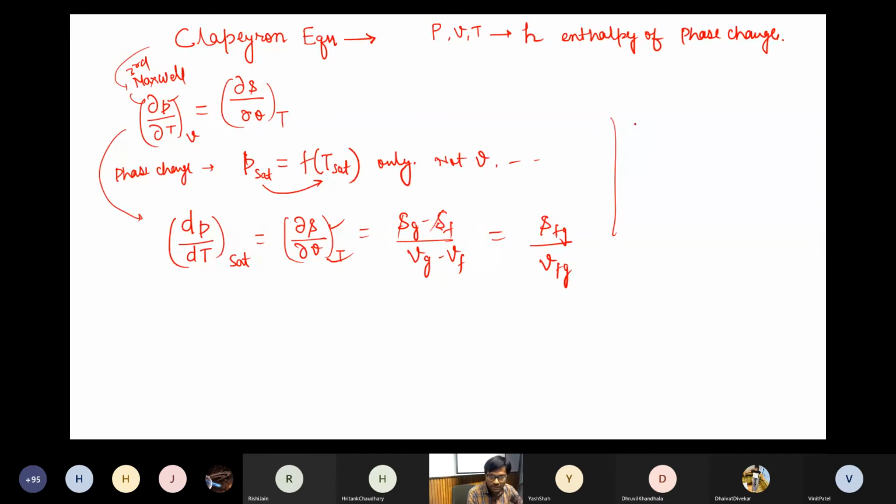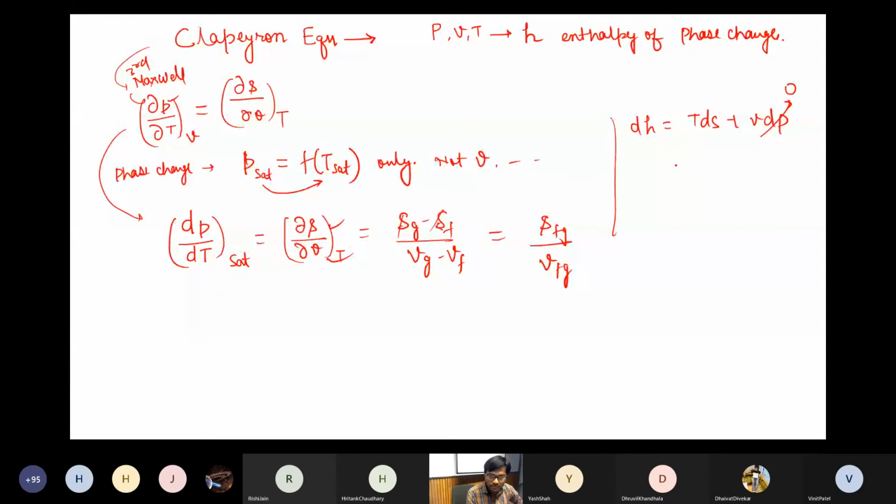And since the pressure also remains constant, we can also use the expression dH = TdS + VdP, and pressure remains constant during this process, so this goes to 0, and dH is equal to TdS.